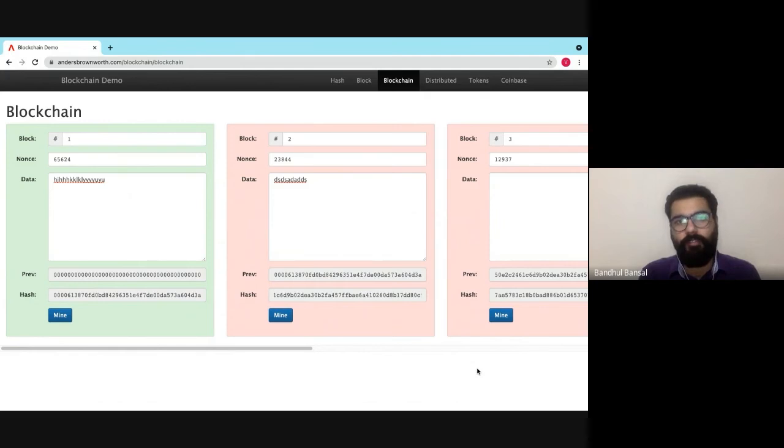If you have 10,000 nodes available, you need 5001, so more than 50% power will do the trick. You'll have to have more than that so that you can achieve an attack on the chain, which is not really possible at the moment.